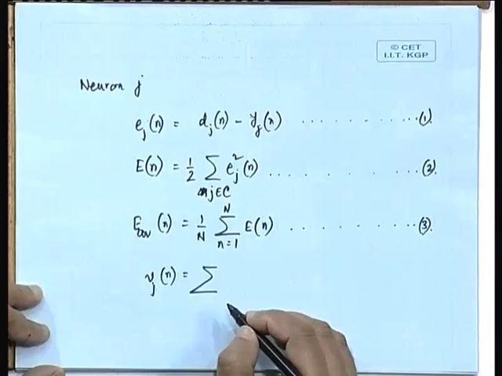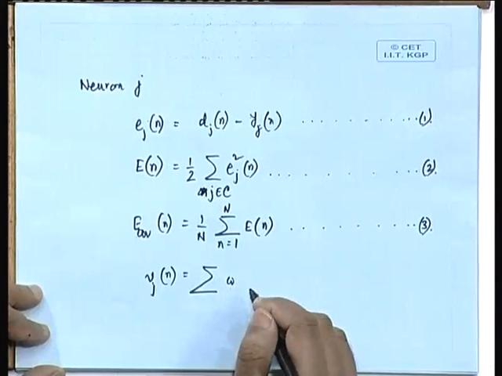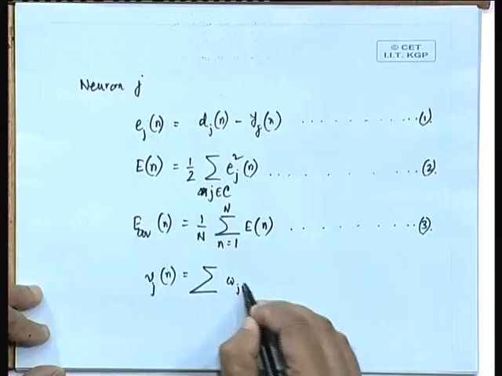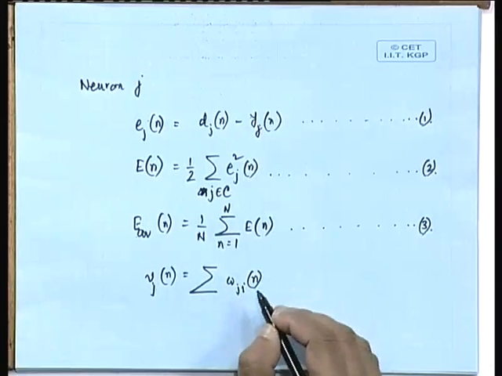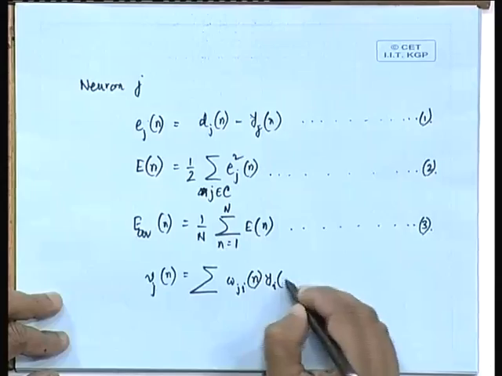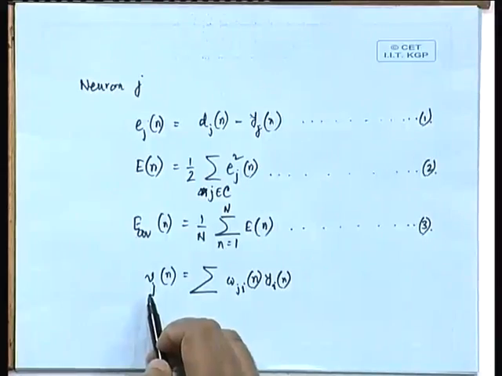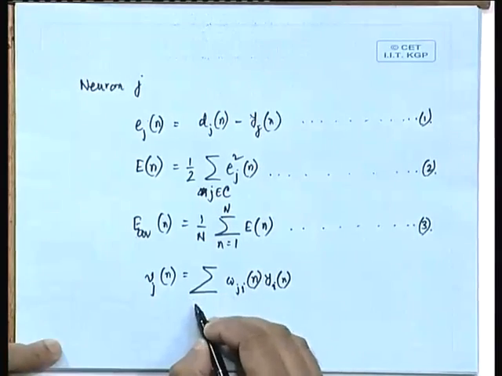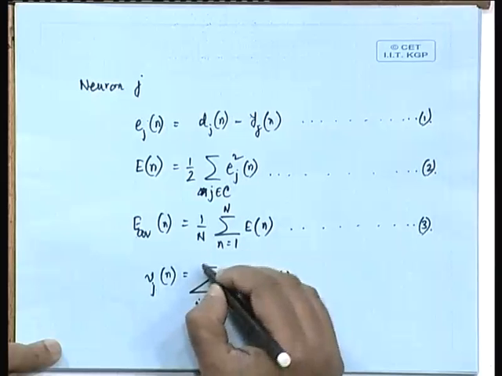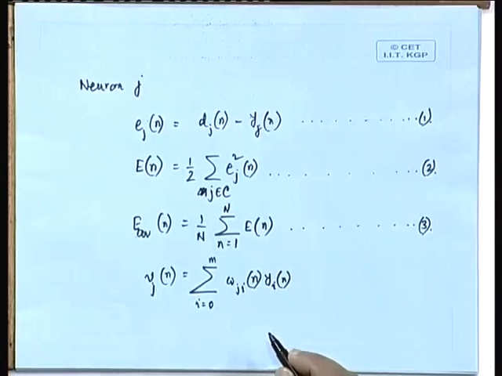So, v_j(n) we can write down as the summation of w_ji(n) times y_i(n), where y_i belongs to the layer which is previous to it. If we are taking the output layer, with j as any output layer neuron, then obviously it refers to the hidden layer that just precedes the output layer, and we have to sum it up for i equal to 0 to m, where m is the number of neurons in the previous layer.